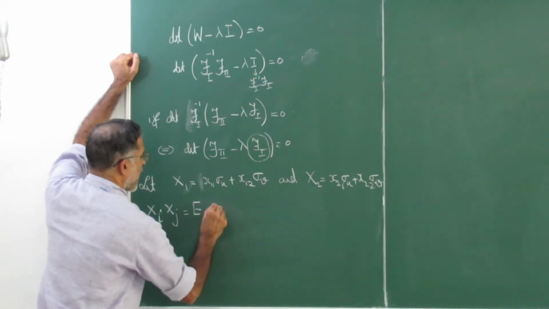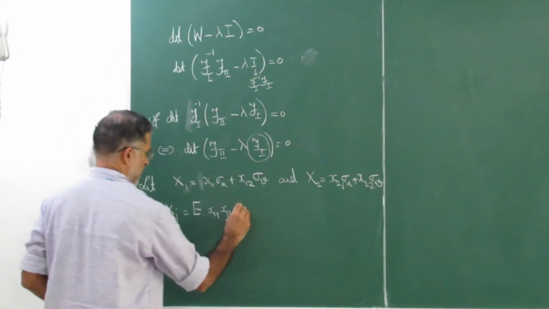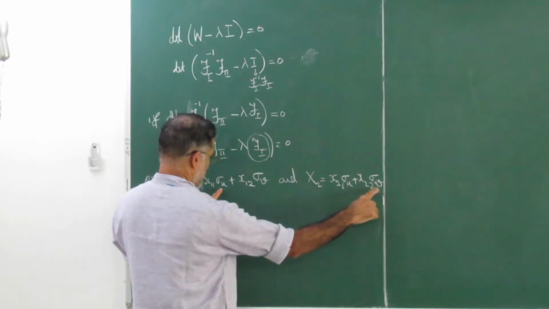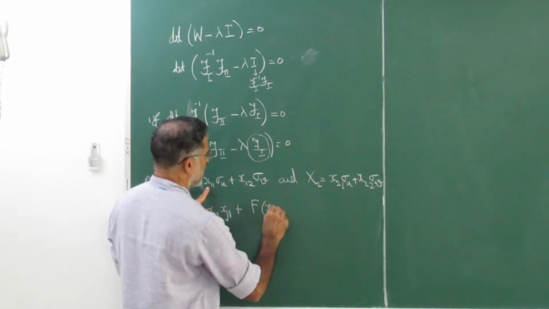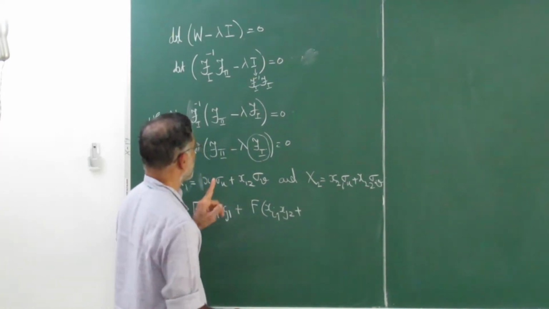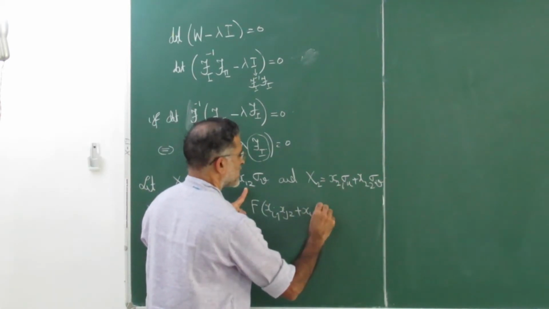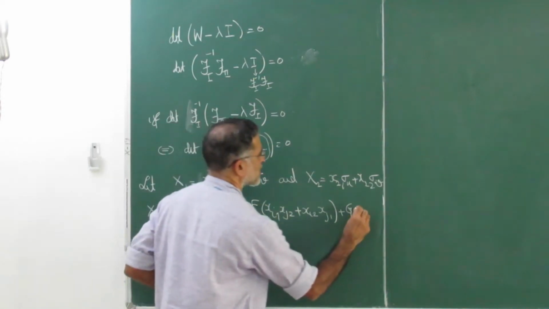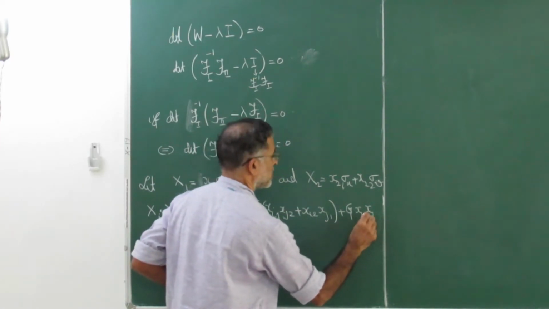So this will be xi1 xj1 E plus, next, sigma u dot sigma v, so that is F, with coefficient xi1 xj2, plus, now next is sigma v dot sigma u, so this is xi2 xj1 F, and finally G times xi2 xj2.